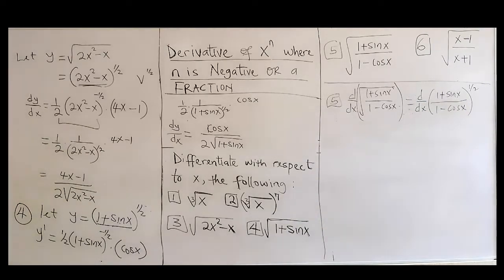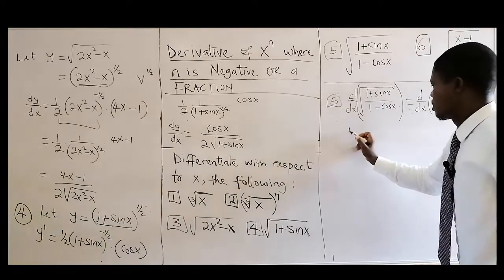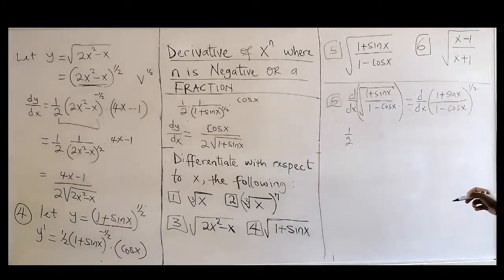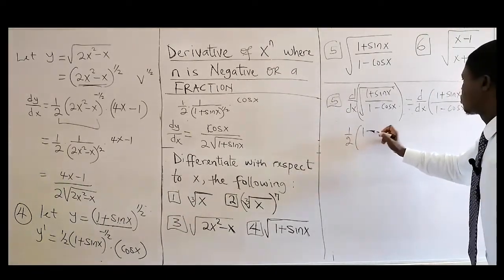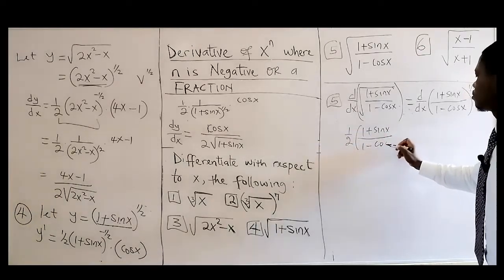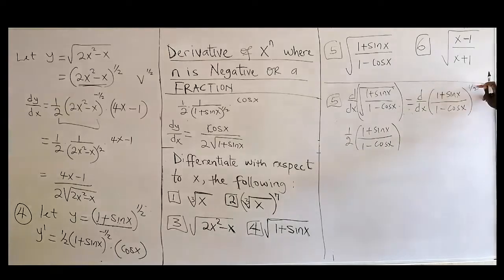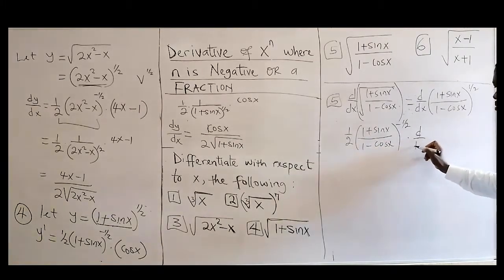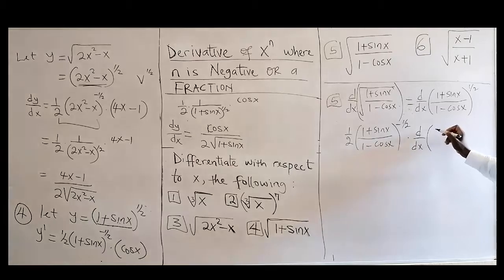Step 2, you need to differentiate, which will be equal to your power coming to the front, the expression (1 plus sin x over 1 minus cos x), and the half minus 1, that will be minus half. Then times the derivative of the base of that function, d/dx of (1 plus sin x over 1 minus cos x).